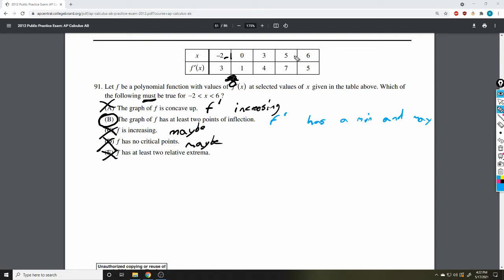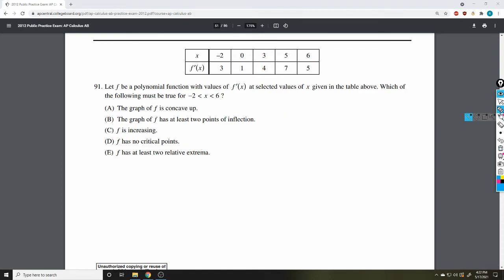And at the maximum, which happens somewhere in between 3 and 6, then f double prime is going to change sign, which means we have to have another point of inflection. So at least 2 different points of inflection. That's the only one that's guaranteed to be true. Some of these are maybe, but not guaranteed, depending on what the other table of values are.